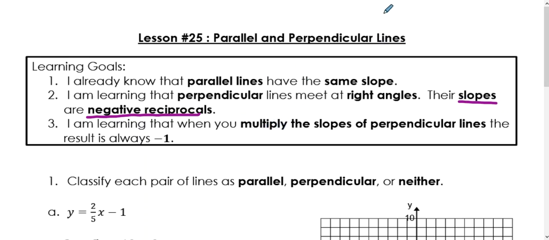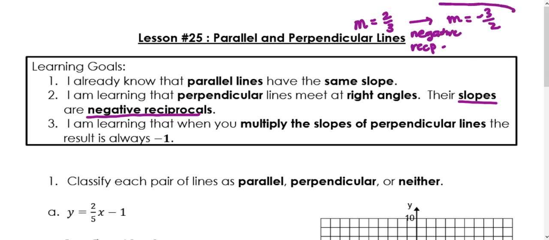So if I had a slope of 2 over 3, the negative reciprocal would make it m equals negative 3 over 2. We do the reciprocal of the fraction and we change the sign, and that's where the negative part comes in. So keep this as a little bit of a guide as we go through today.